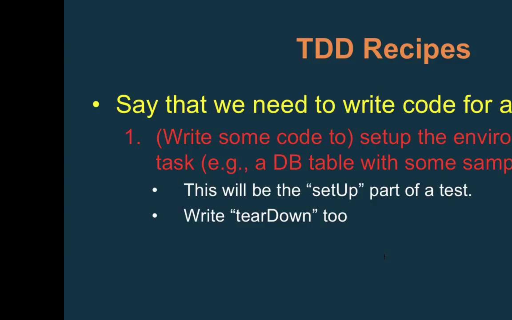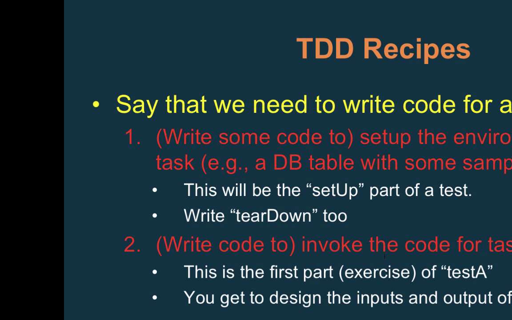Okay? And all I'm saying is now we're going to be writing code to do this kind of setting up of an environment, as opposed to just doing it manually. Think of it as you're going to be writing the setup part of a future test. And of course, when you write the setup part, you have to write the teardown, if appropriate, if you're setting up something that needs to be cleaned up.